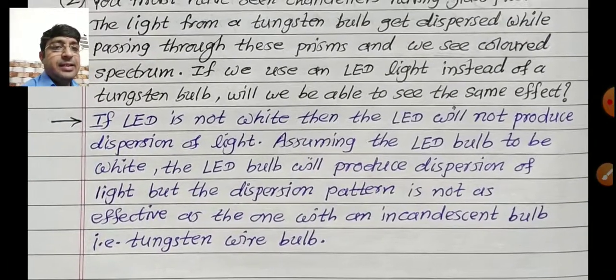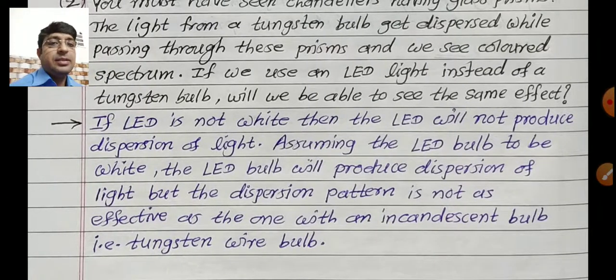If the LED is not white, then the LED will not produce dispersion of light.